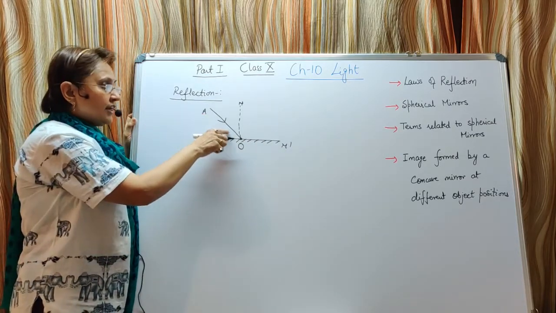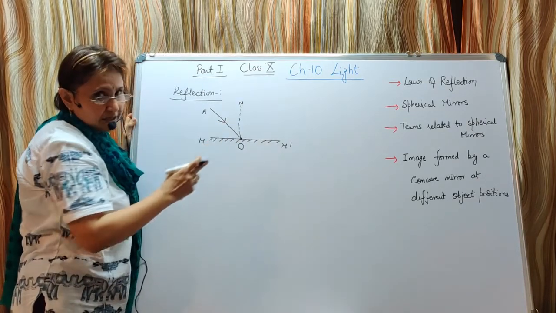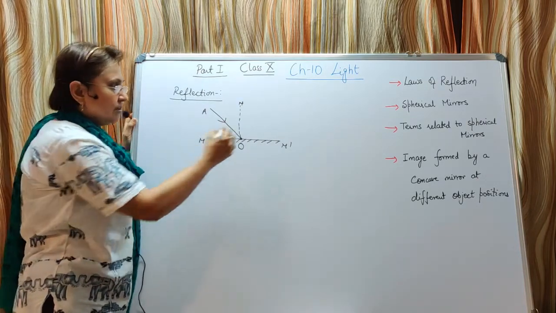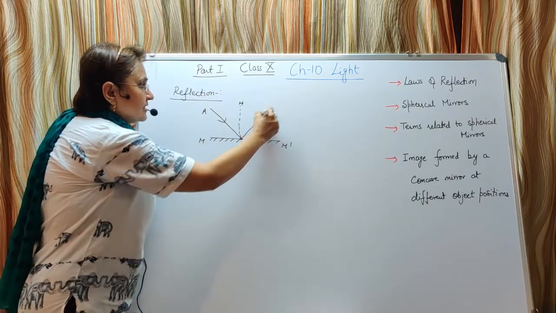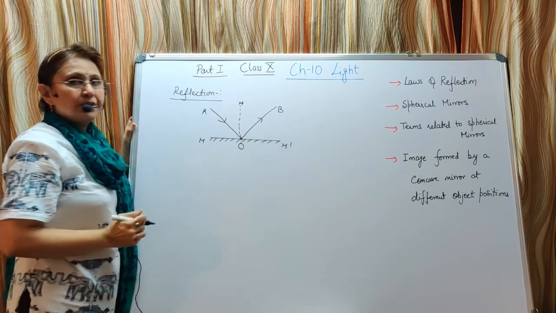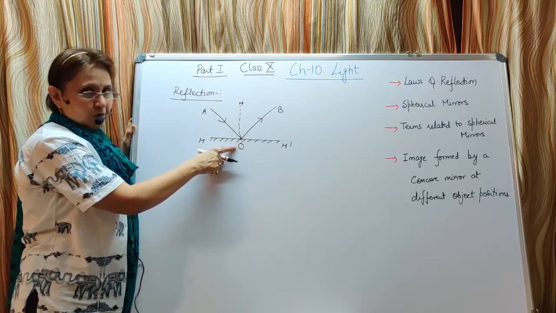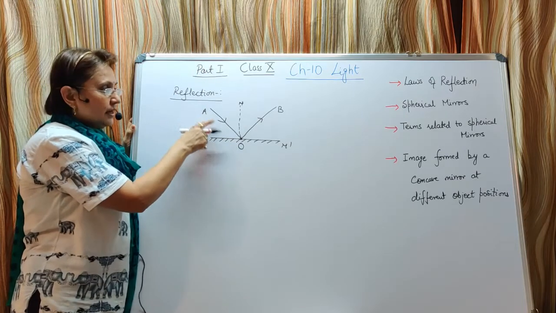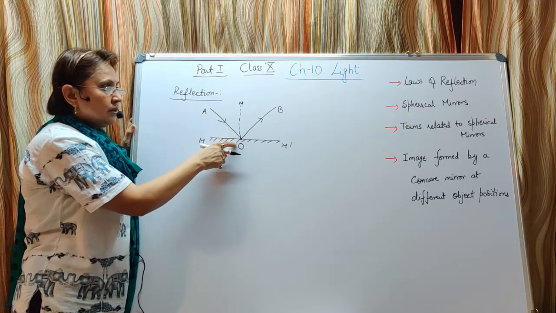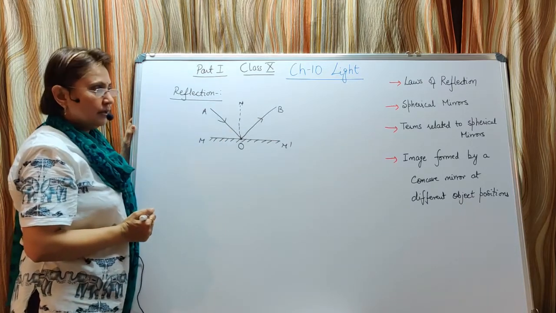Now after reflection, this ray of light returns back in the same medium by changing its direction. So it is reflected along OB. This OB is called the reflected ray. So here O is the point of incidence, AO is the incident ray, OB is the reflected ray and ON is the normal.